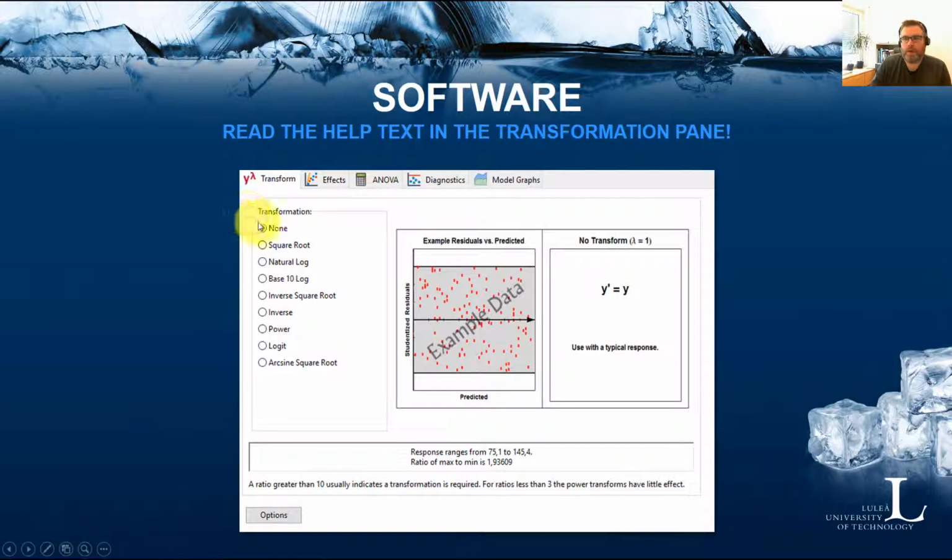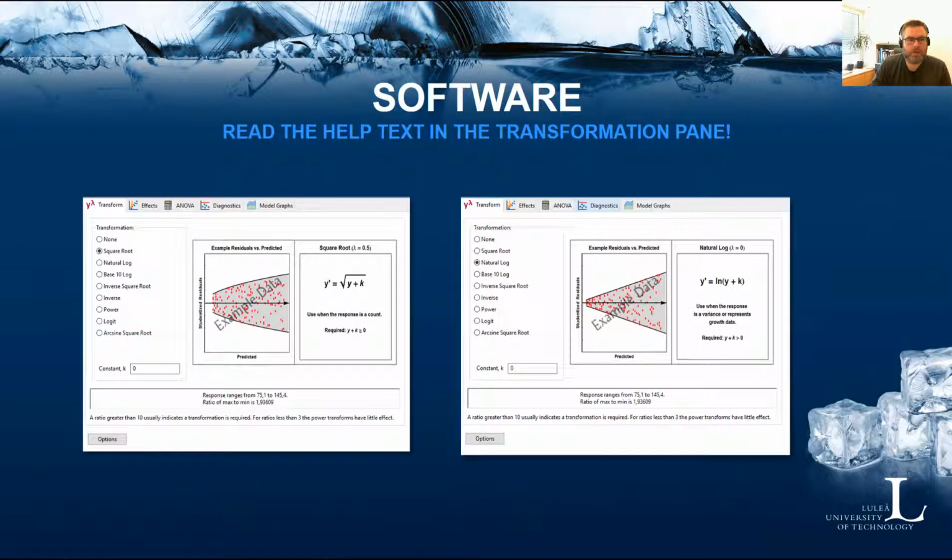And you have the options here, like standard transformations. You have none, the square root, the natural log, the base 10 log, inverse square root, inverse, power, logit, and arcsine square root. Let's quickly run through them. If you are considering the square root, you have some help text here, like use when the response is a count.